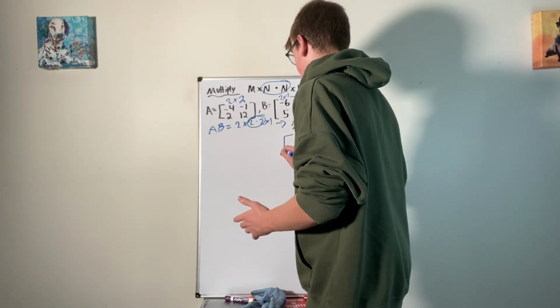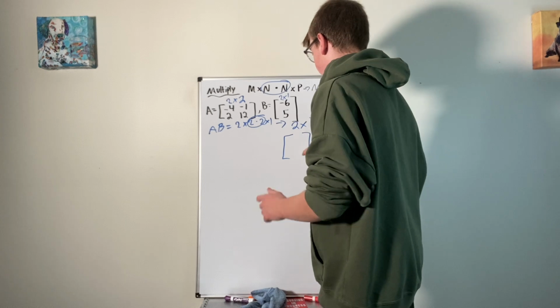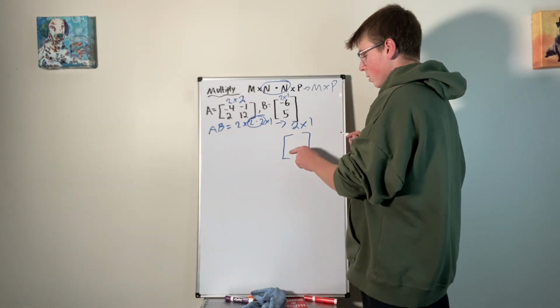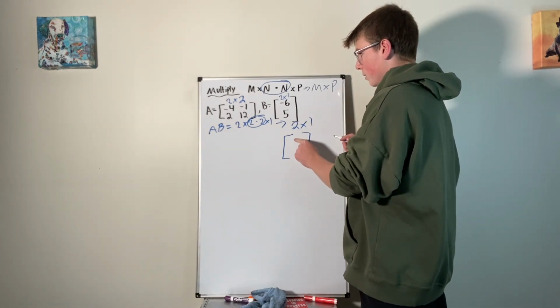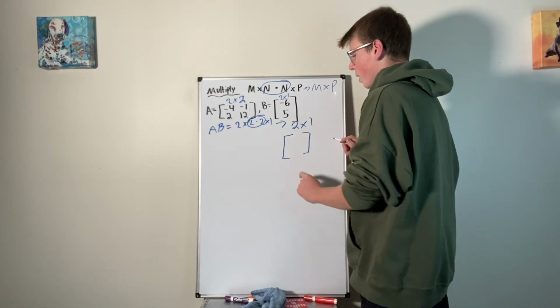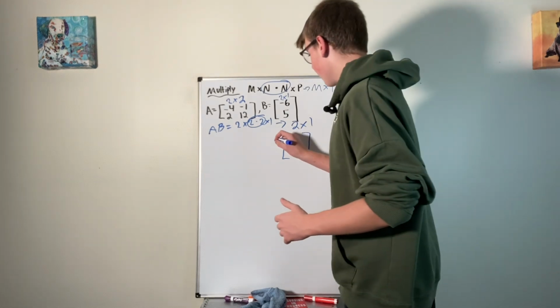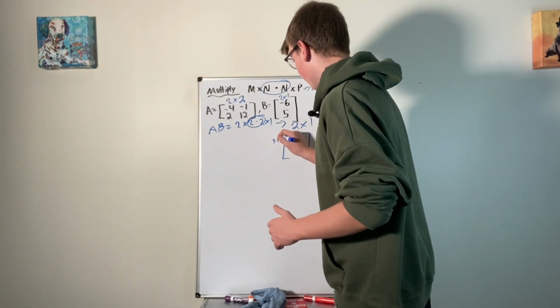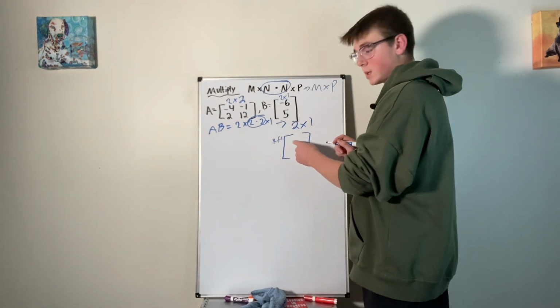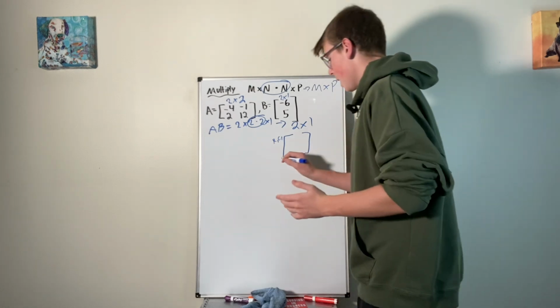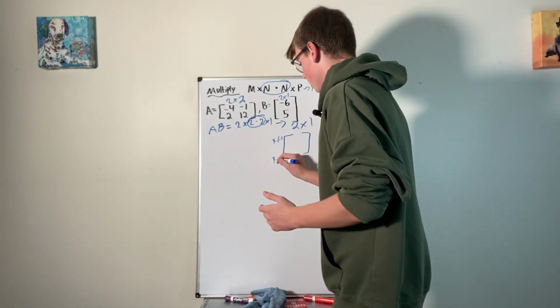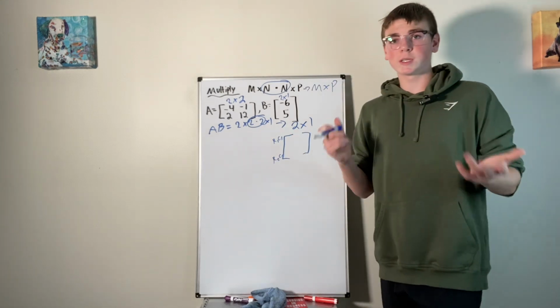So we make this. Remember, there are going to be 2 rows and 1 column. This is row 1, column 1, and this is row 2, column 1. We're just labeling them.